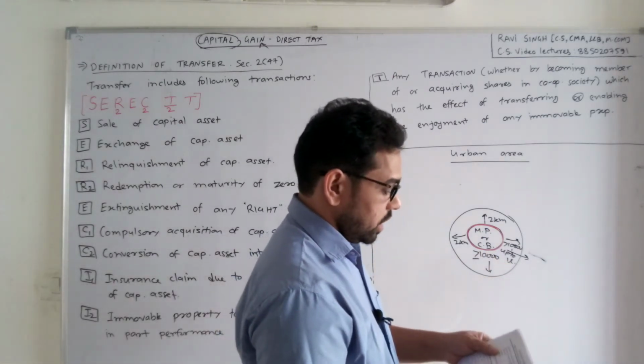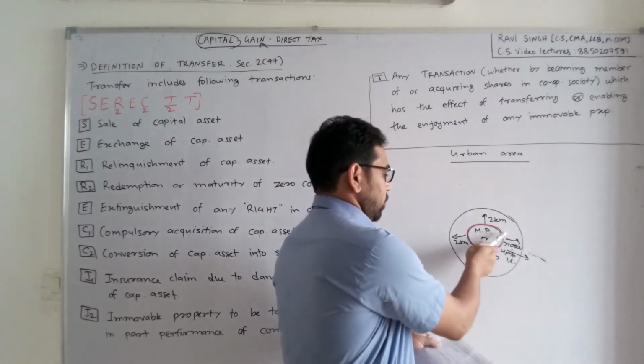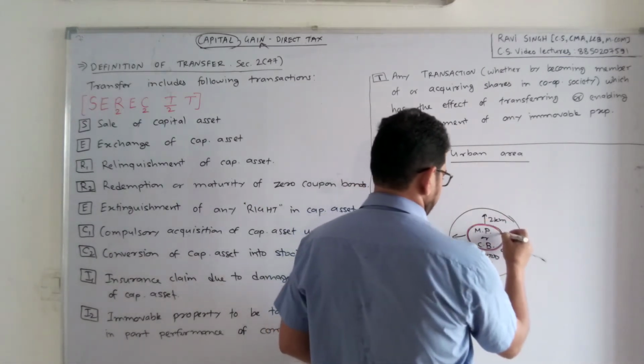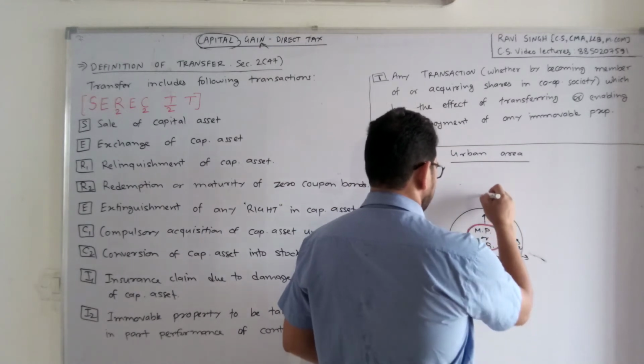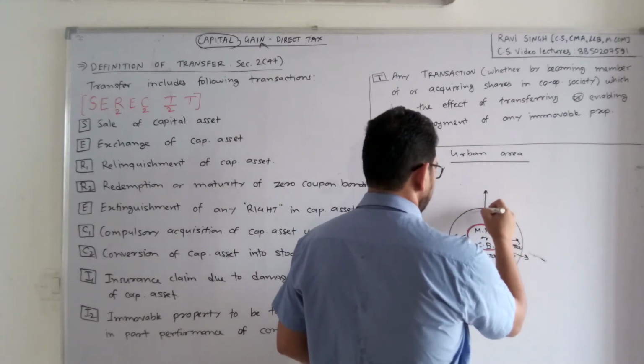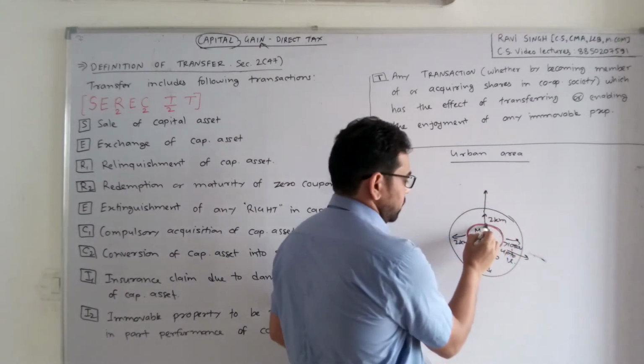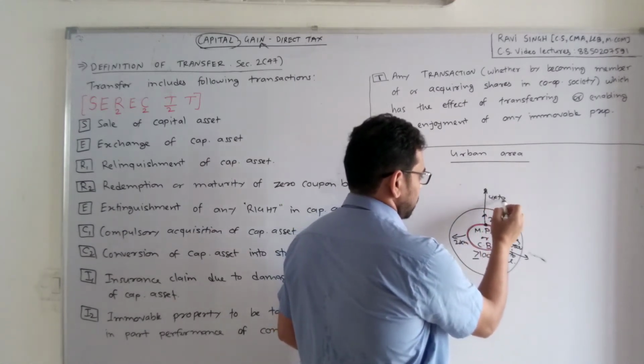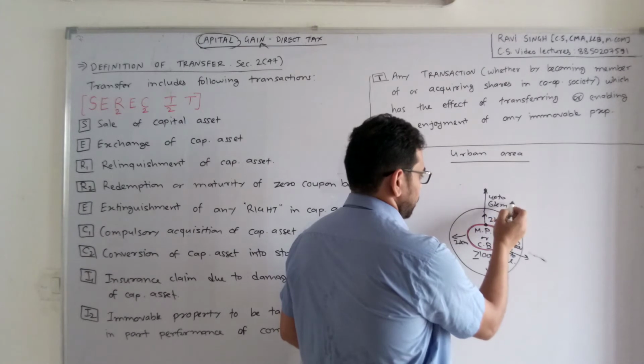The next one, if the distance from this area is up to 6 kilometers, the total distance from this point till this point is up to 6 kilometers.